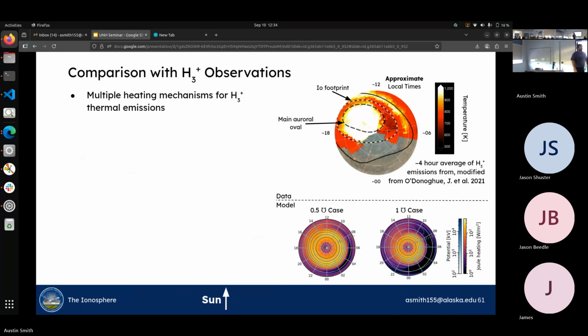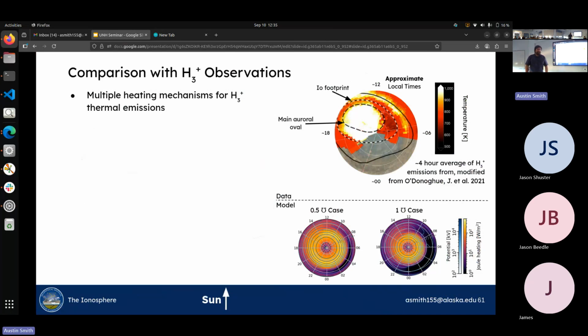But that makes it offset and also very difficult to compare, because this is in magnetic coordinates and this is in System 3 coordinates, which has this high quadrupole moment. And these are approximate local times too, because this is averaged over System 3.